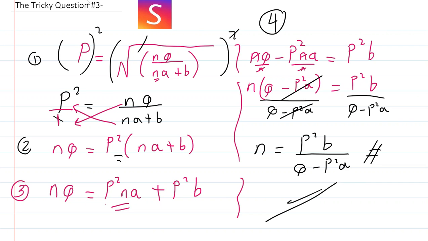For each one of them I have 1 mark, so you have to write clear steps in the final exam, every step clear, so you can take the 4 marks at the end.